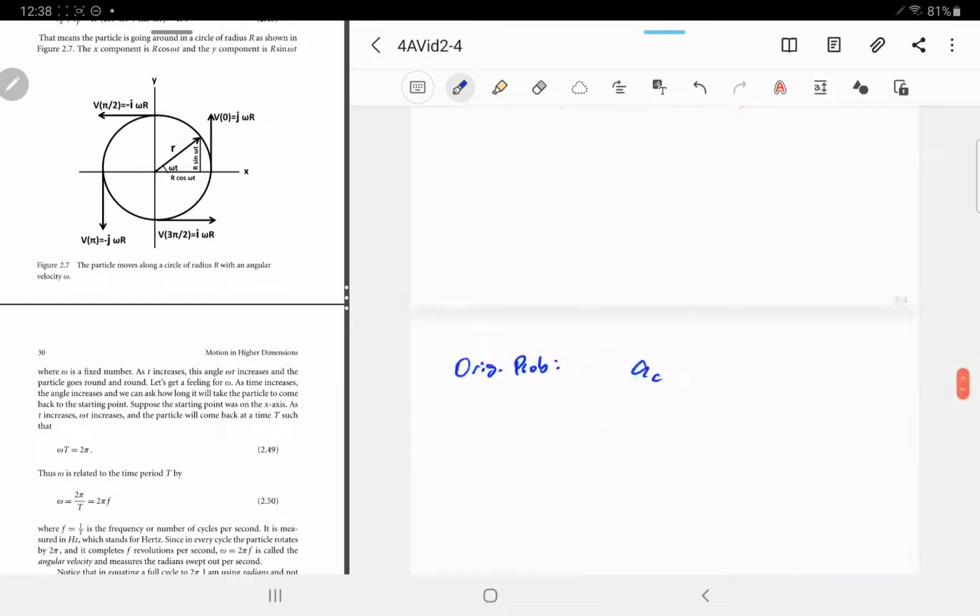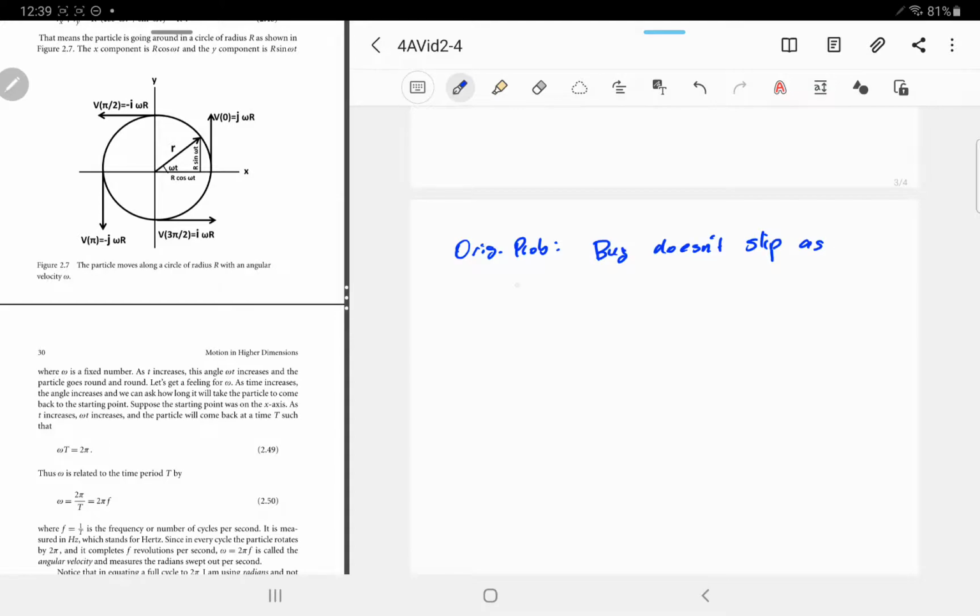So I'm going to say that the bug doesn't slip as long as the centripetal acceleration is less than or equal to 0.4 g. Okay, this is what the problem is saying.